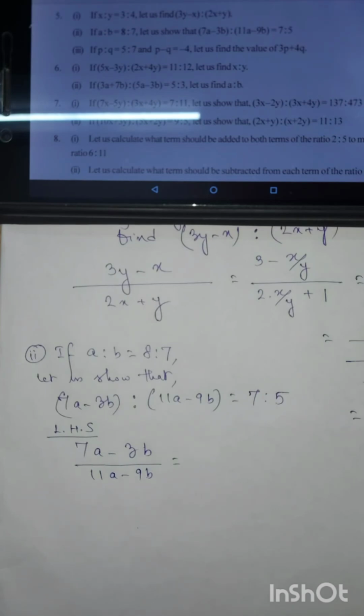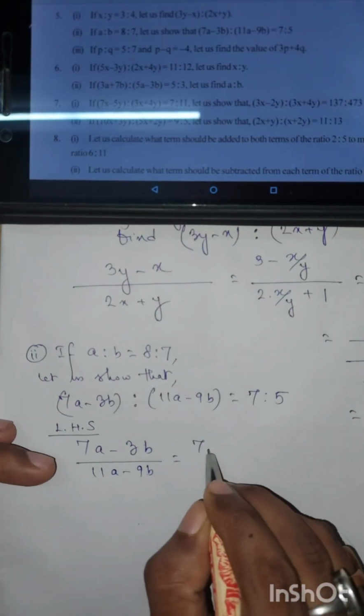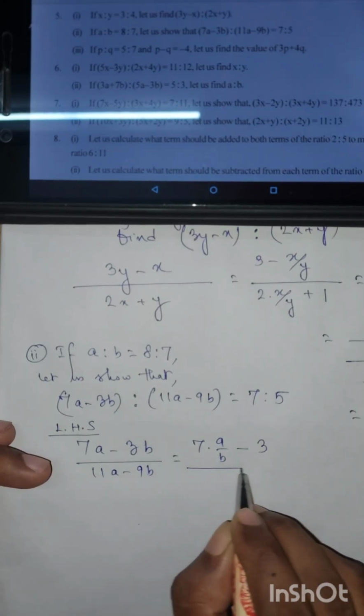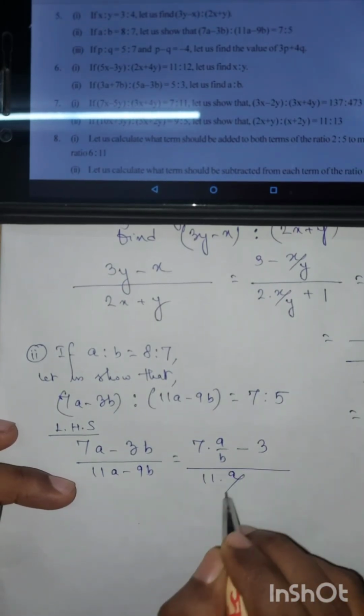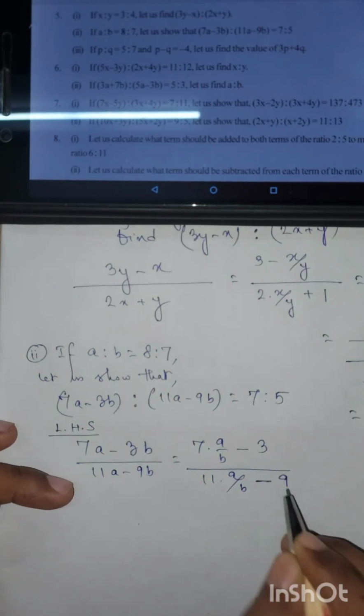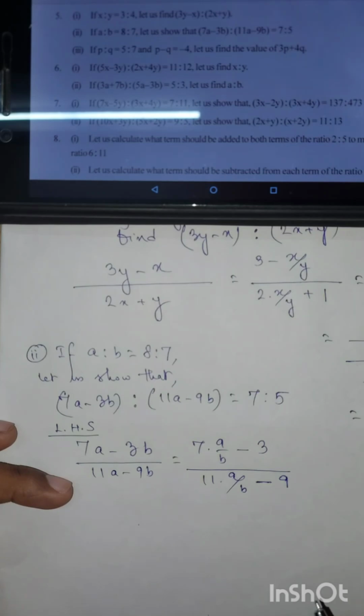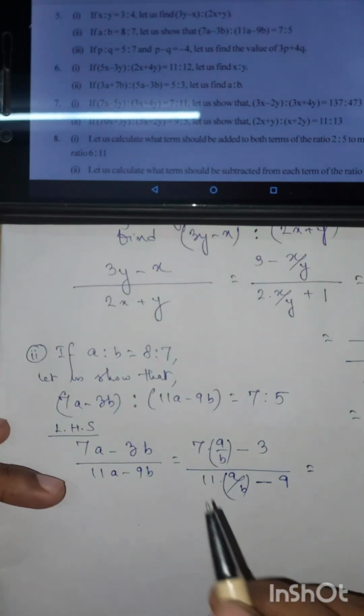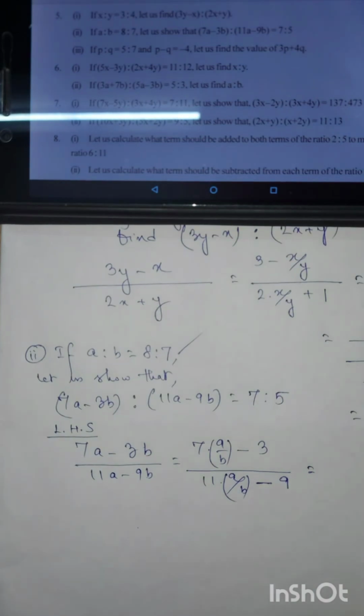Now if we divide the numerator and the denominator by b, we are getting 7 into a by b minus 3, 11 into a by b minus 9. Now we can simply put the value of a by b from the given information.